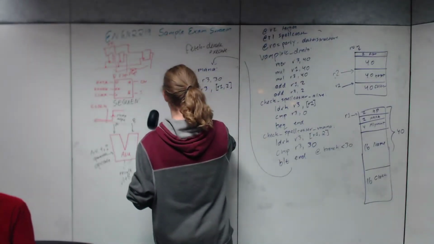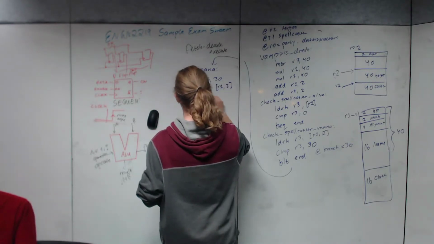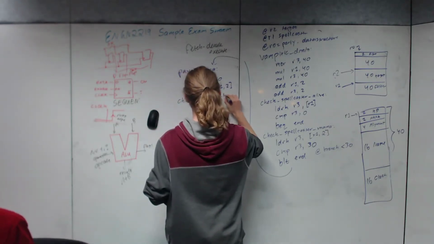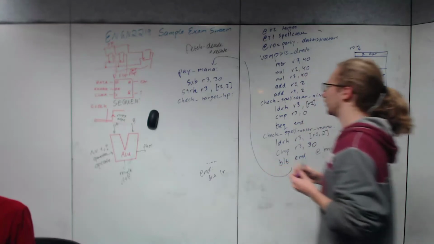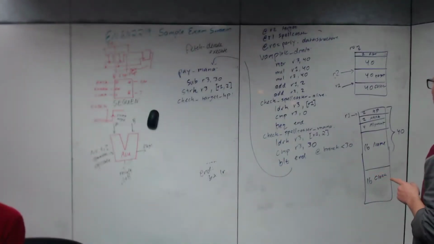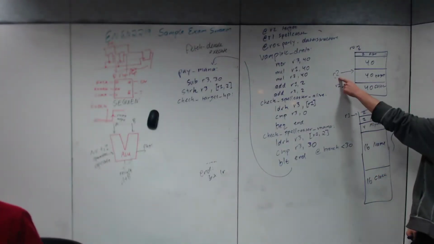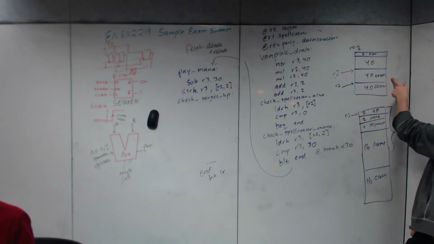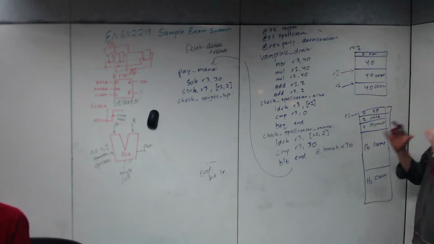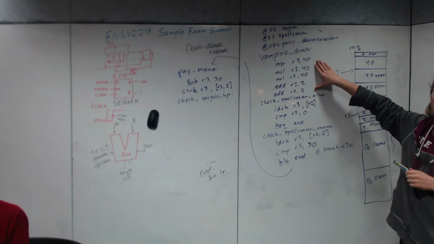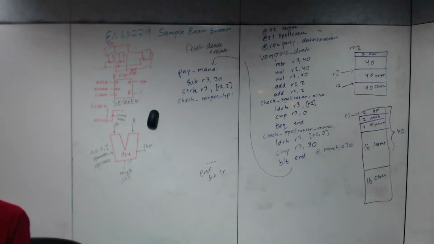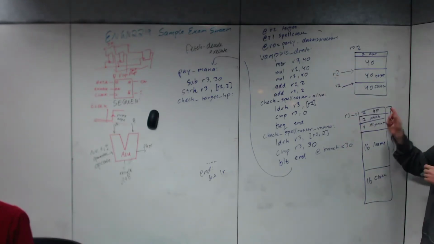So I will check target HP. Okay, so I need to get the target's HP. Where does that live? Well, R2 points to the start of the record for the target because we set all that up at the very start, so you don't have to worry about it. So I want to load a half word from where R2 points and then put that in some register.